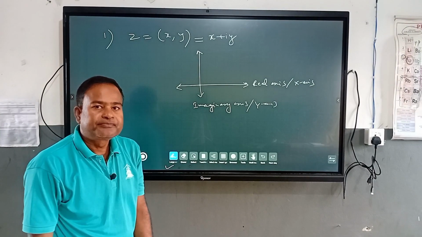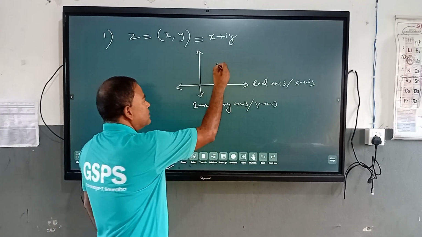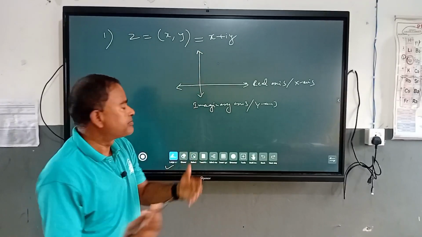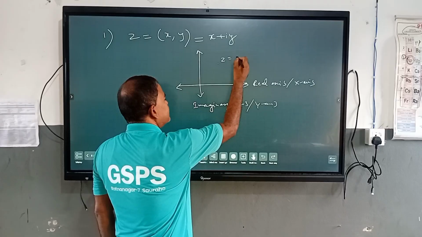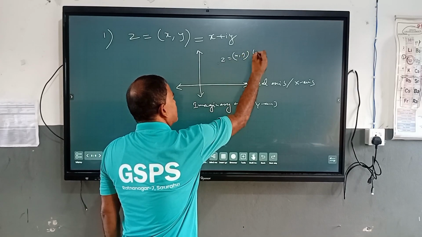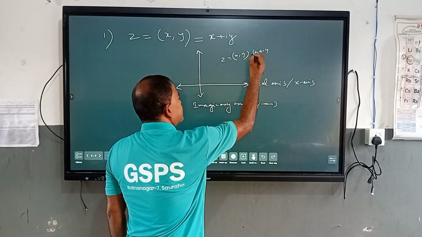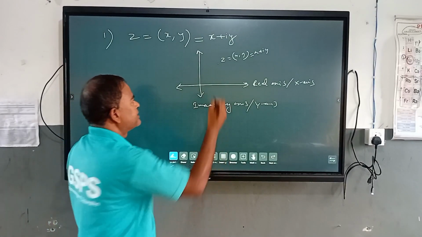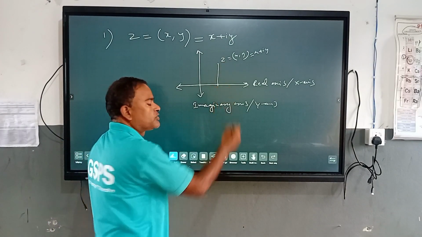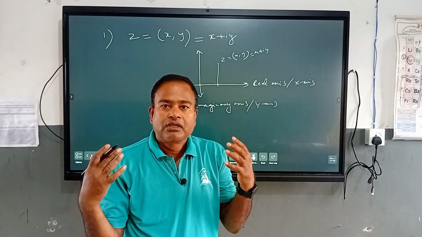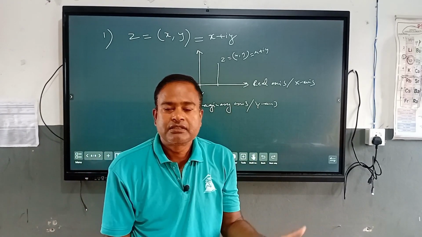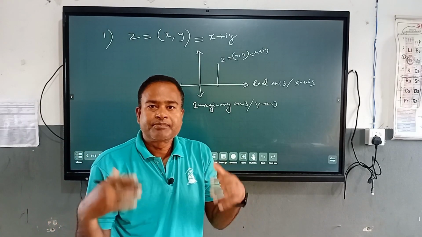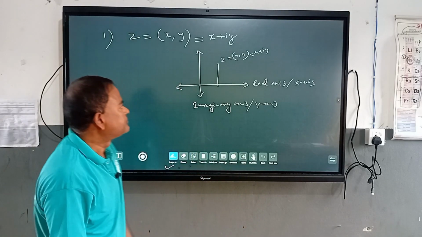So dear students, now let's suppose the complex number x comma y, or x plus iy, as z equals x comma y, which equals x plus iy. Dear students, now from the point z, as we know that every point in the Cartesian plane, or we can say in xy plane, represents a complex number.